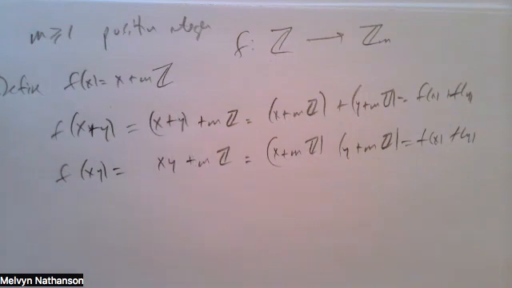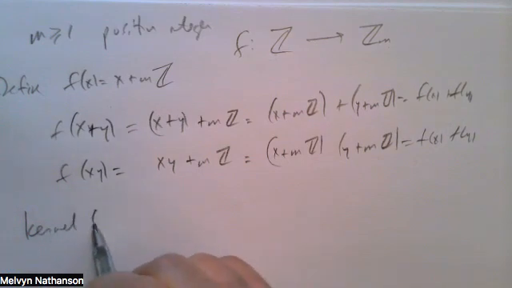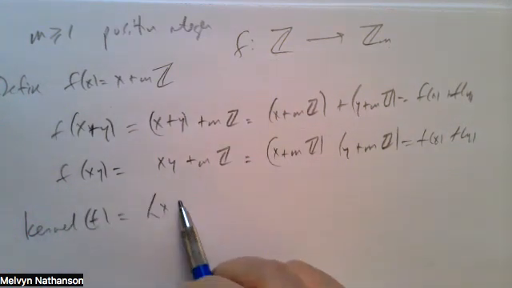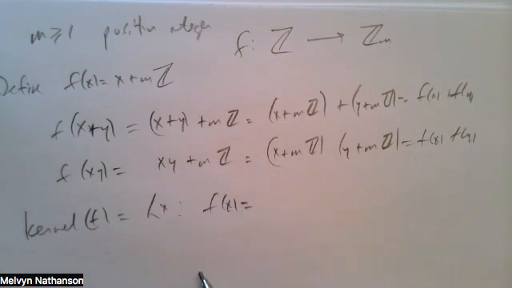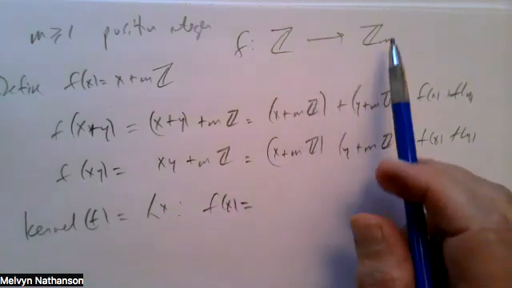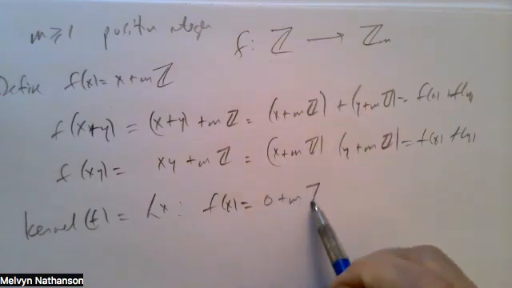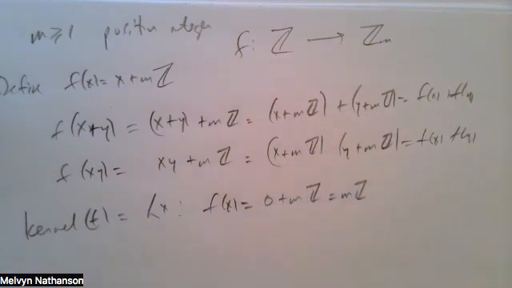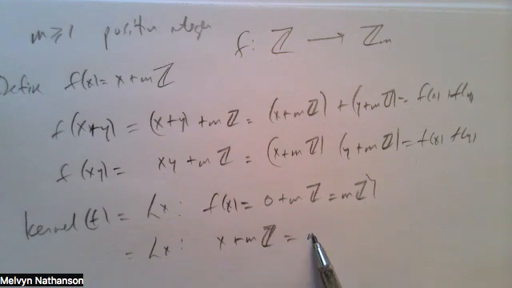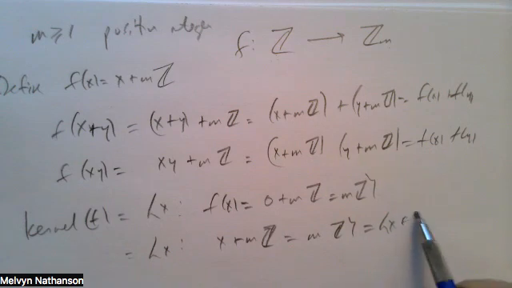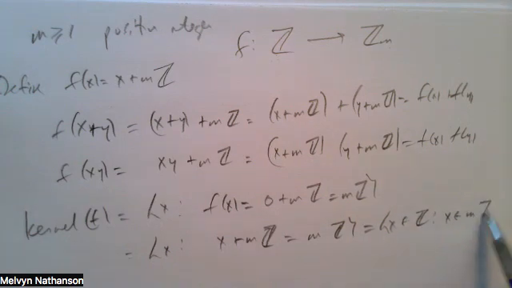So this is an example of a ring homomorphism. What is the kernel of f? It's all x such that f of x is the congruence class 0, 0 plus mZ, or mZ. So this is the set of all x such that x plus mZ equals mZ, which is the set of all x such that x is actually a multiple of m.